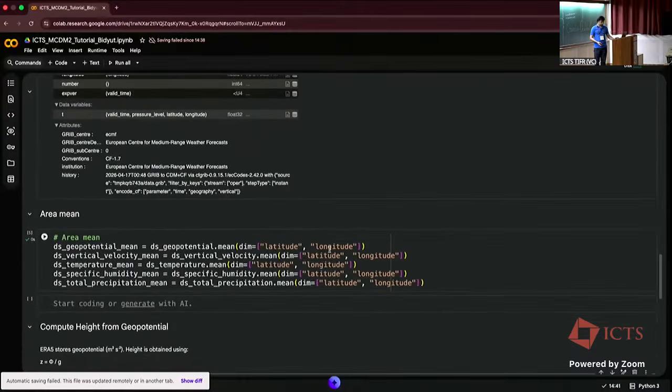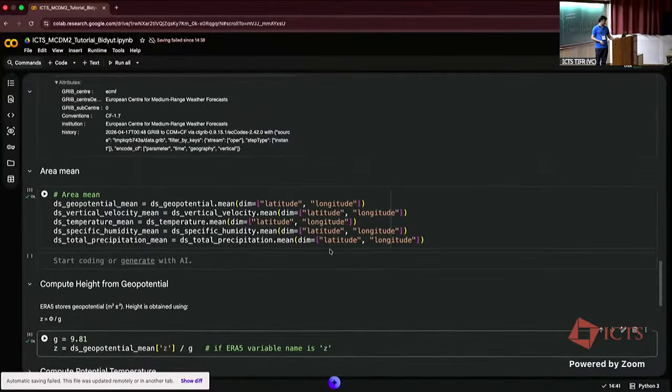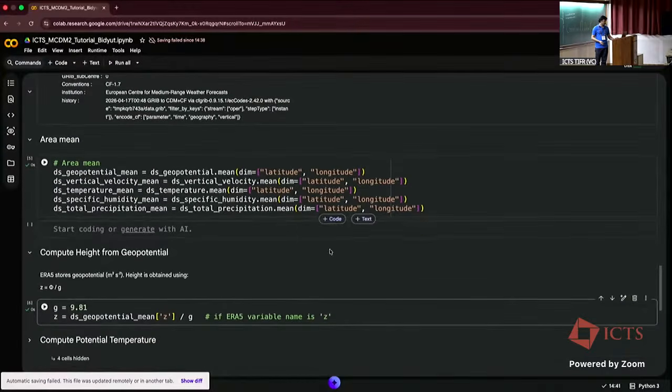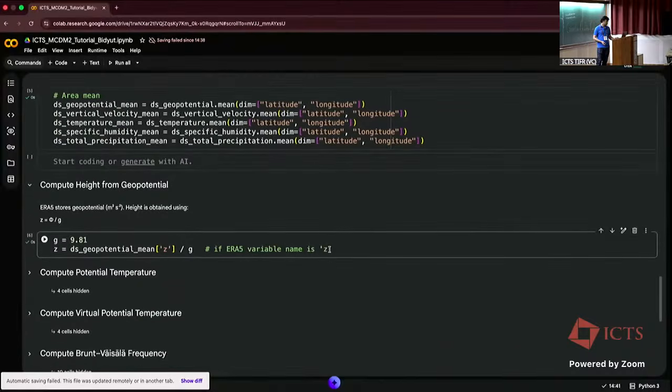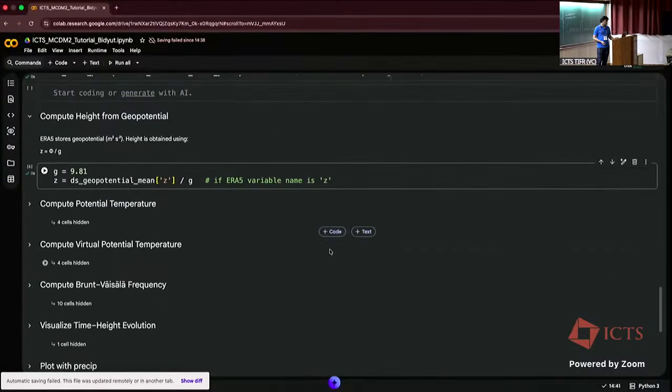So we loaded the data, we have done the area mean, and the latest thing we did was compute height from geopotential. This is just geopotential divided by g. Then we'll compute potential temperature.